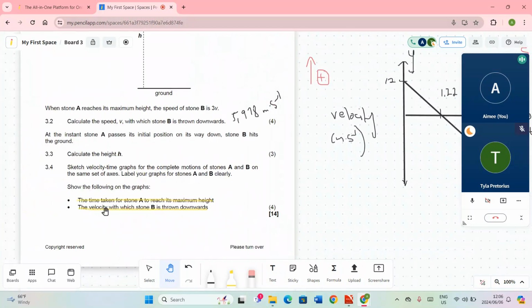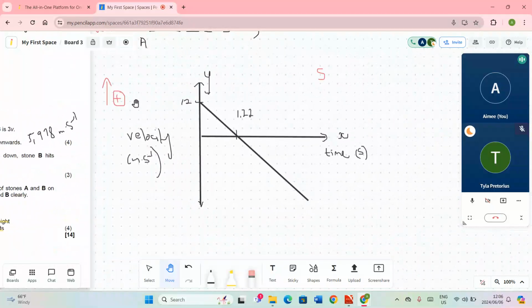But let's see what they wanted for B. They want the velocity with which stone B is thrown downwards. We took up as positive, which means that B cannot start on the positive side of the y-axis. B moves down, which means it's got to be a negative value. So negative 5.98.